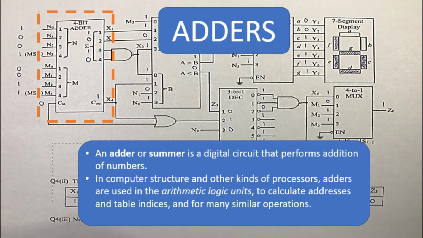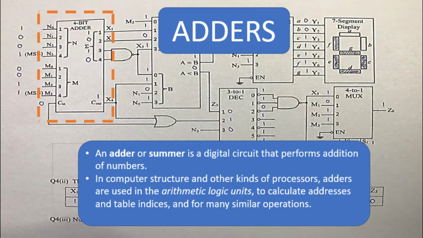Also, we notice that the question has been given in order to write it down. So N0 is 1, N1 is 0, N2 is 0 and N3 is 1, but for reading it is 1 0 0 1. For M0 is 0, M1 is 0, M2 is 1, M3 is 1. So for reading, we need to read from the bottom to the top, so it will be 1 1 0 0.